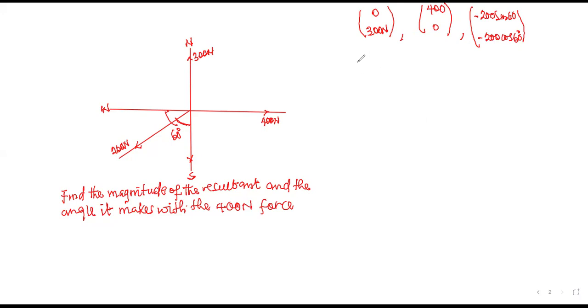Okay, so summation F of x, we have 400 minus 200 sine 60, which is root 3 on 2, so minus 100 root 3. And summation F of y is equal to 300 also minus 100, because cos 60 is half.